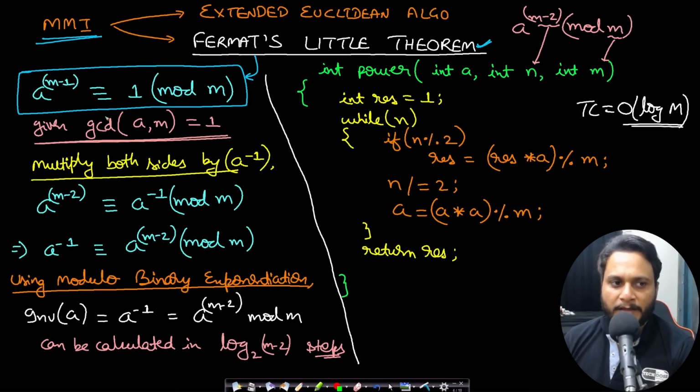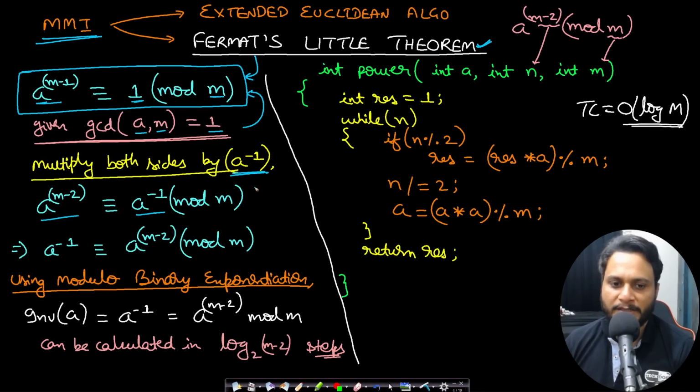So according to Fermat's Little theorem, a to the power m minus 1 is congruent to 1 mod m. Here the GCD of a comma m must always be 1. Only under this condition this formulation is valid. Now if I multiply a inverse, that means a to the power minus 1, on both sides, then a to the power m minus 1 becomes a to the power m minus 2, and this 1 becomes a to the power minus 1.